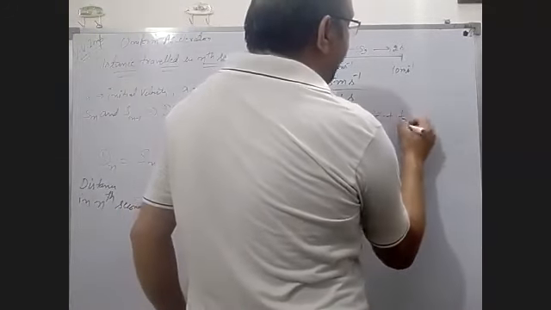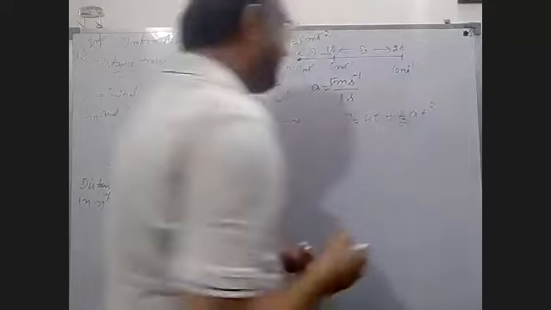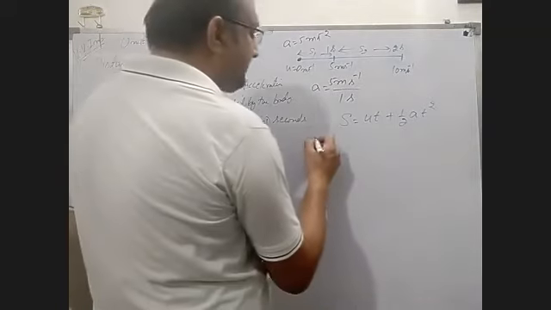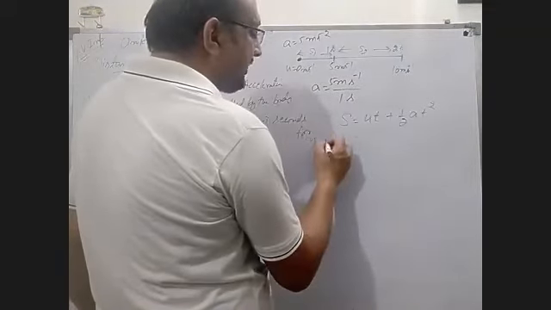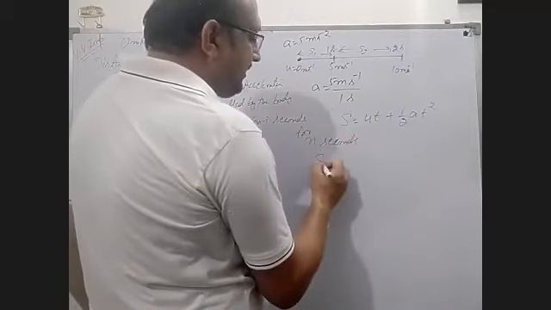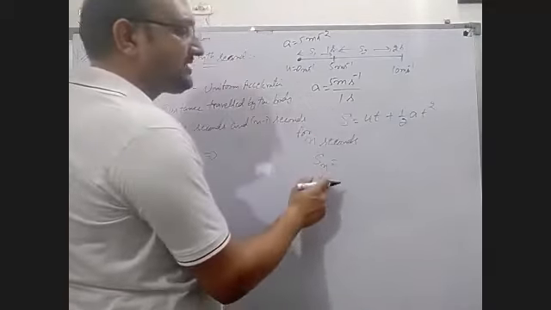ut plus half at square. This is the equation of motion. From there, now let us take the value of Sn. Sn for n seconds, that is the distance for n seconds, not the nth second. Remember this thing. For n seconds, I am taking Sn.